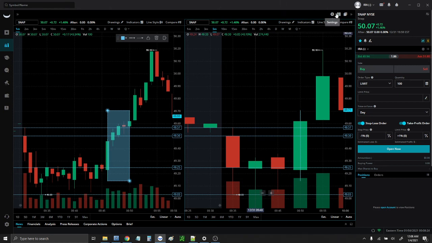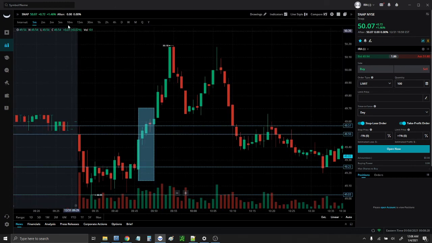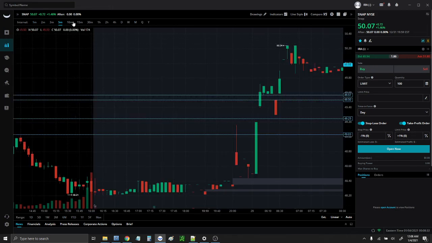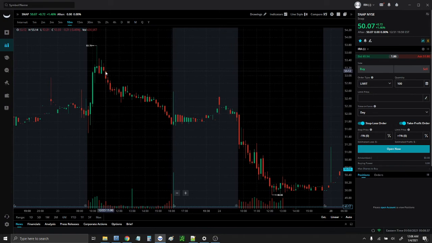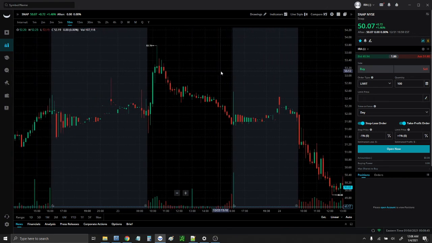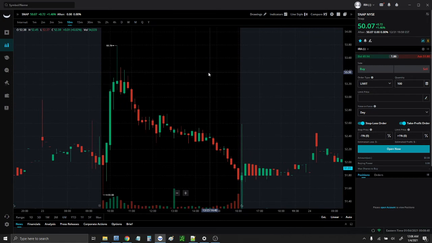I'm going to bounce it back down to show you that you can do this on a 5-minute basis, 10 minutes. Okay. These black bars are pre and after market hours, and these gray bars, and this black bar is the actual open market day, the market time.